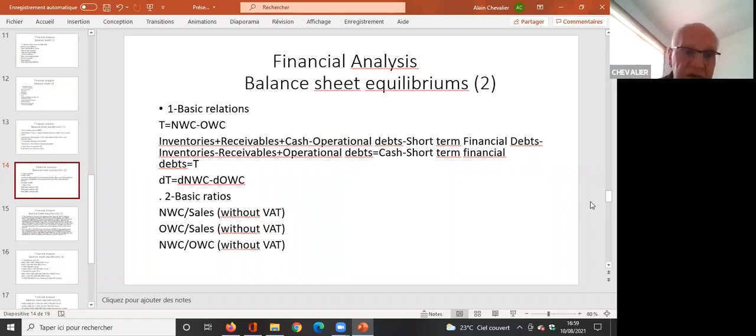And then the last part, we moved to the balance sheets: first balance sheet structure, simplified balance sheets, equilibriums, static relation, dynamic relations, and part two, a discussion around the operating working capital base, which is very central in all the decisions of CFOs. That's what we were able to do today.